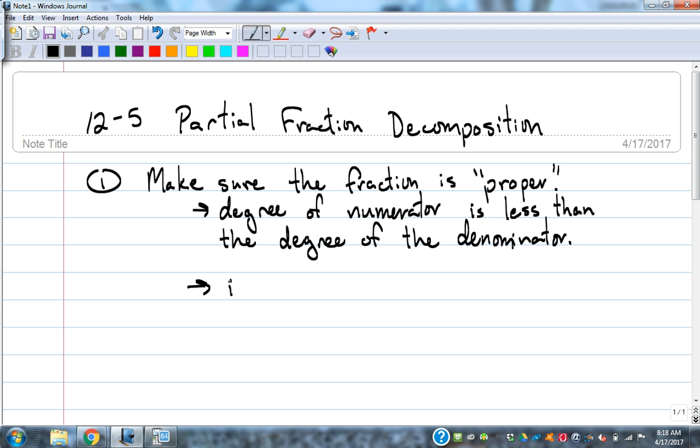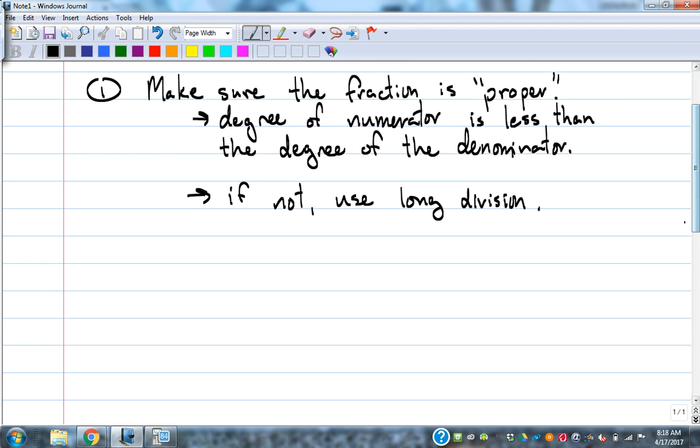If it's not, use long division. And we'll look at something like that. All right, so we're going to take an example, and I'm going to build you through some steps. So step one is to check that first on the problem.